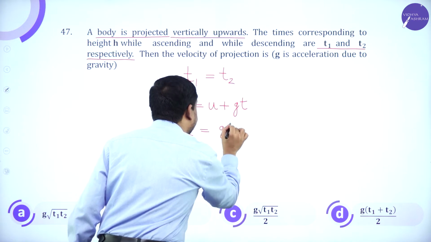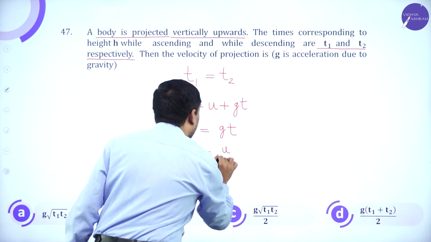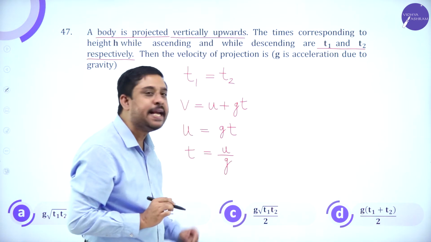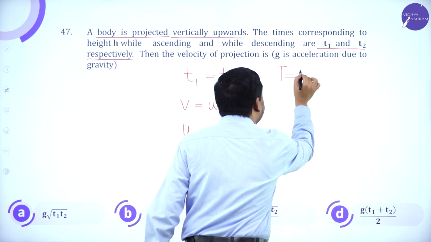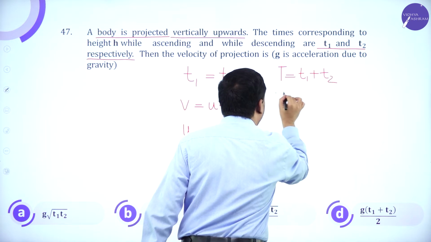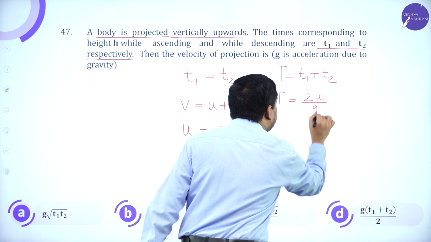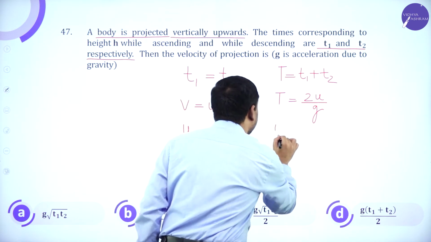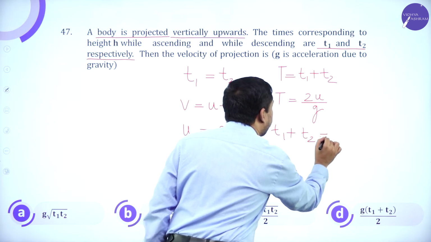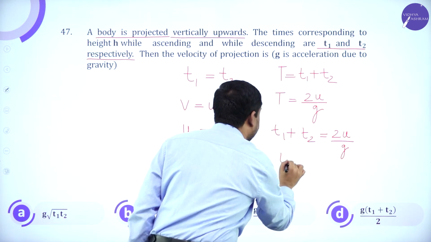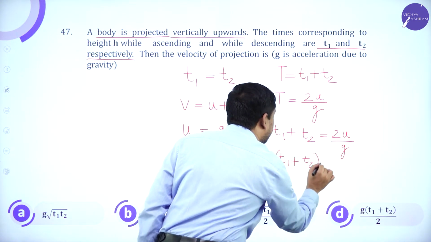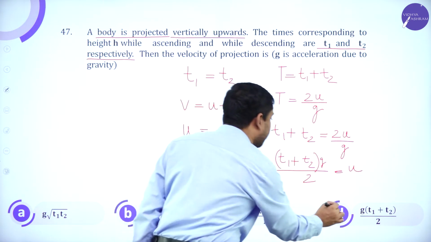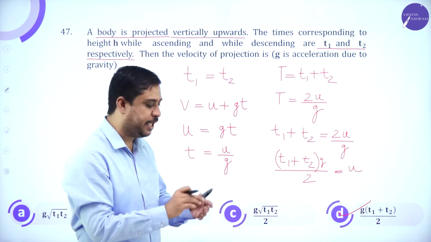So U equals GT or T equals U by G. So the time of ascent or descent is U by G. So total time is T1 plus T2, which is U by G plus U by G, which is 2U divided by G. So T1 plus T2 is 2U by G. T1 plus T2 into G by 2 is U. So the answer is the fourth one, T1 plus T2 into G divided by 2.